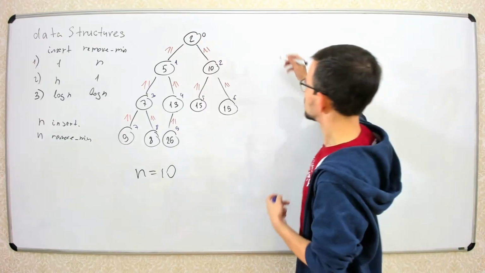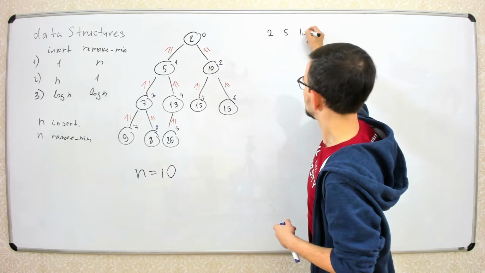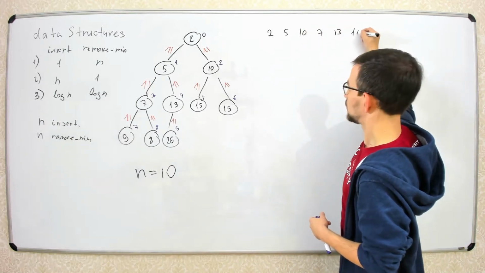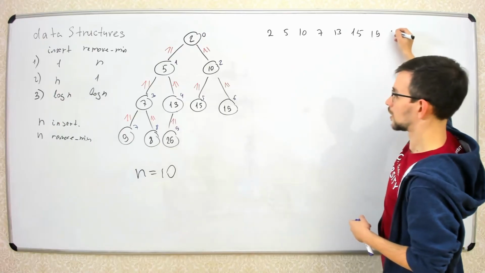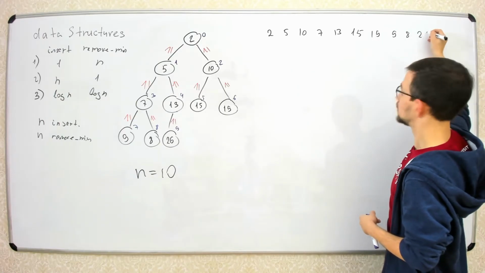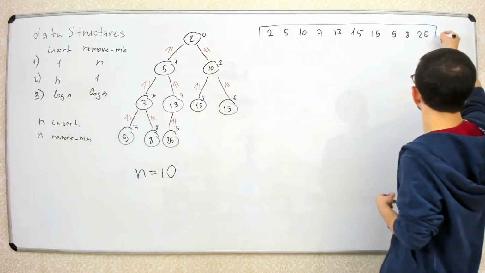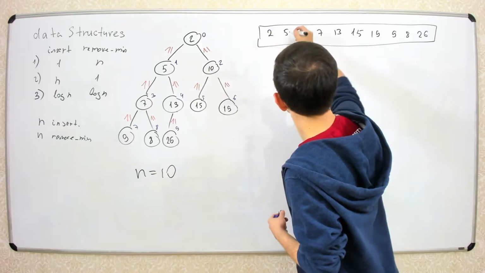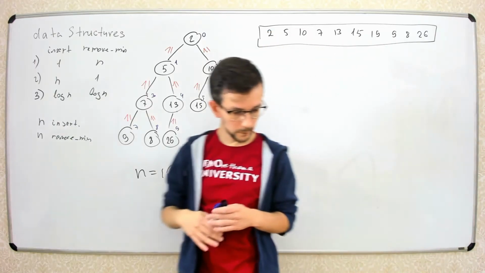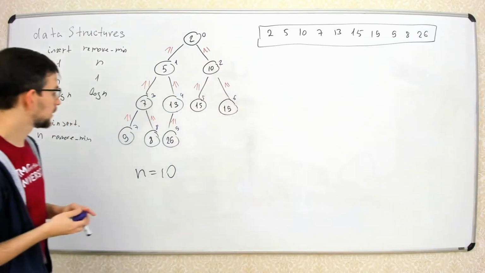So let's have this array, and we have elements 2, 5, 10, 7, 13, 15, 19, 9, 6, 26. Would 2, 9, and 10 switch?